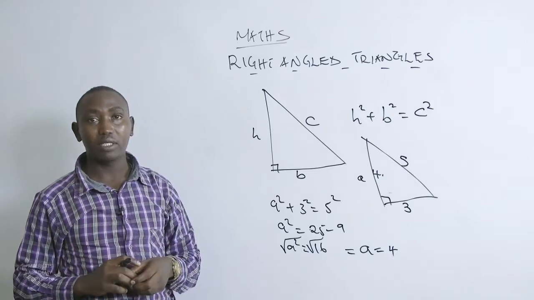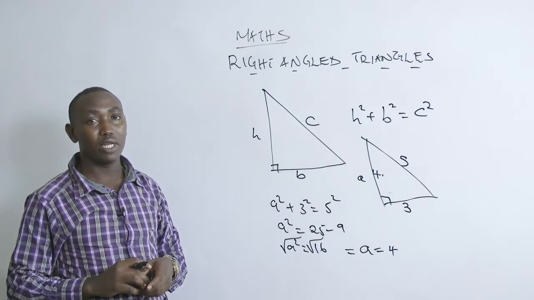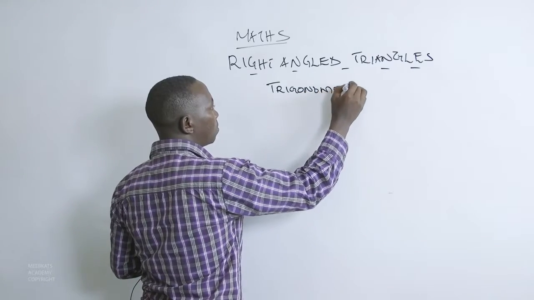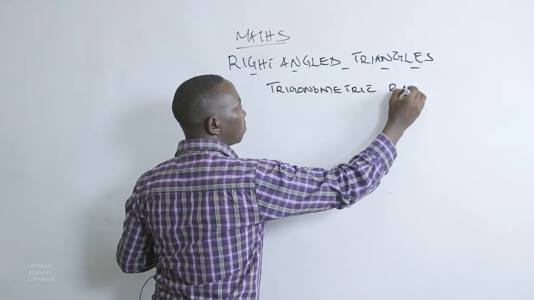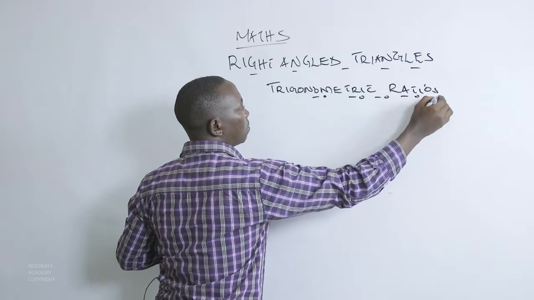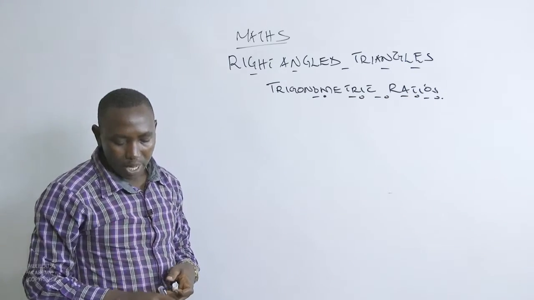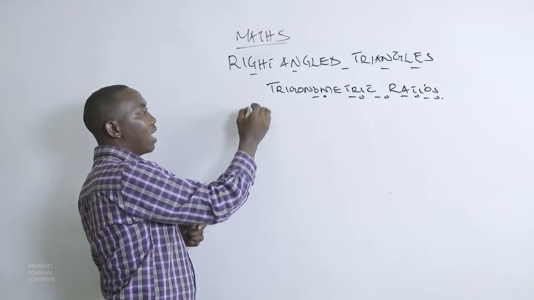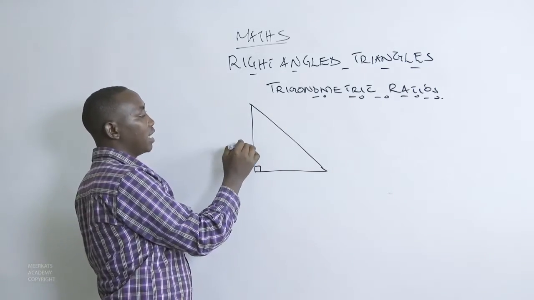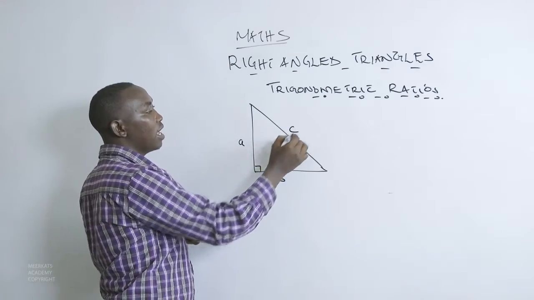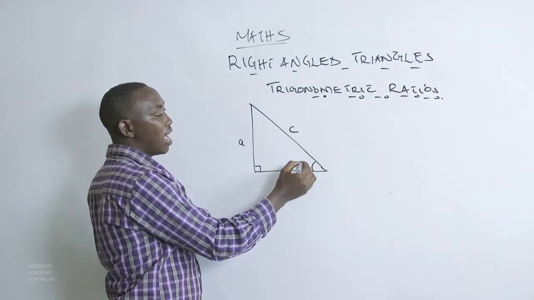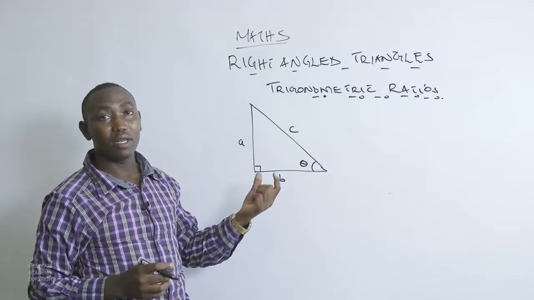Today, we want to advance and introduce what we call the trigonometric ratios. Now, whenever we have a right angle triangle where this side is A, this side is B, and that other side is C, we normally have an angle formed here called an angle theta.